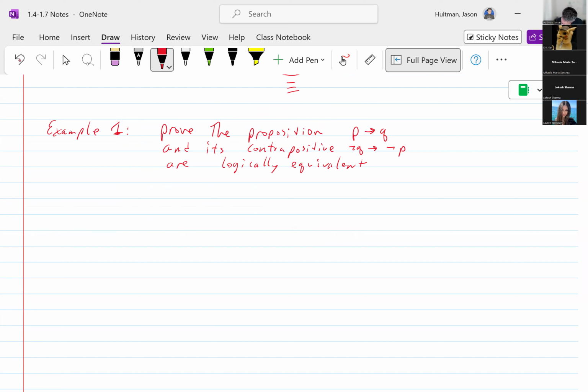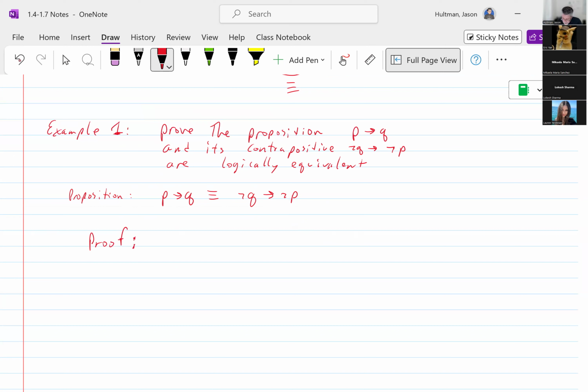So we're going to say P goes to Q is logically equivalent to not Q goes to not P. Okay, this is the proposition, the logically equivalent statement. And then we want to do a proof of this.